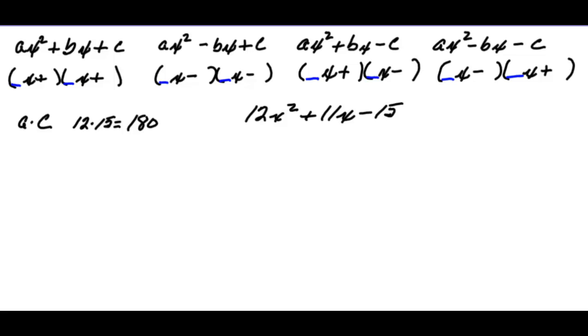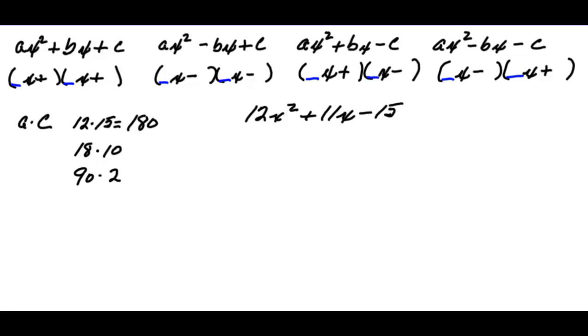So, obviously, we could multiply 18 times 10. The difference there is only 8. That's not going to work. So let's try something different. Well, what if we divide 18 by 2? If we divide 18 by 2, we'll get 90 and 2.